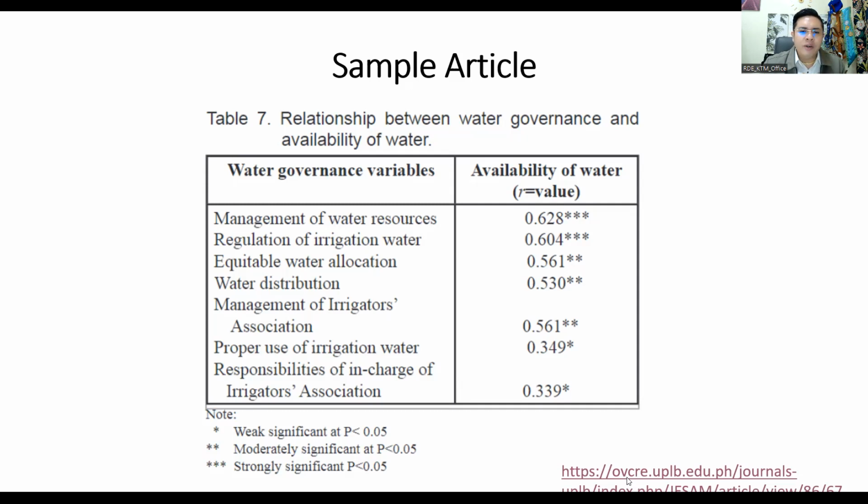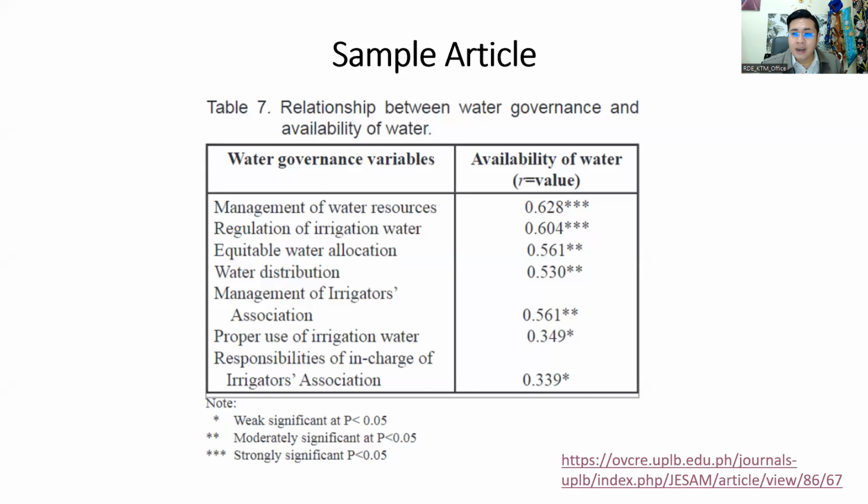So when you go to results and discussion, as what I have presented a while back, suppose this is the example, relationship between water governance and availability of water. That is table 7. So this is the result. There was a strong positive linear association, as shown in table 7, highlighted the importance. And it followed the interpretation, the meanings, and of course, the implications of the result of the study.